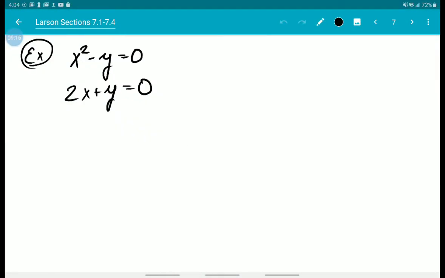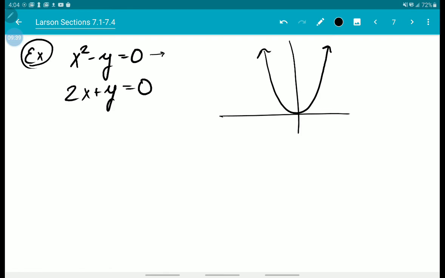Let's look at one more. This is where you may want to pause the video, try it, and then come back and check your answer. So if we look at this one, we have x squared minus y is equal to 0, and we have 2x plus y is equal to 0. So this guy is a quadratic. If we were to solve for y, it would be y equals x squared.